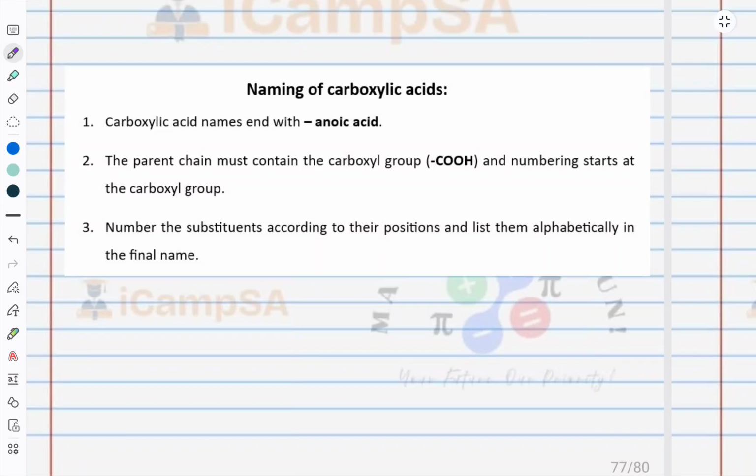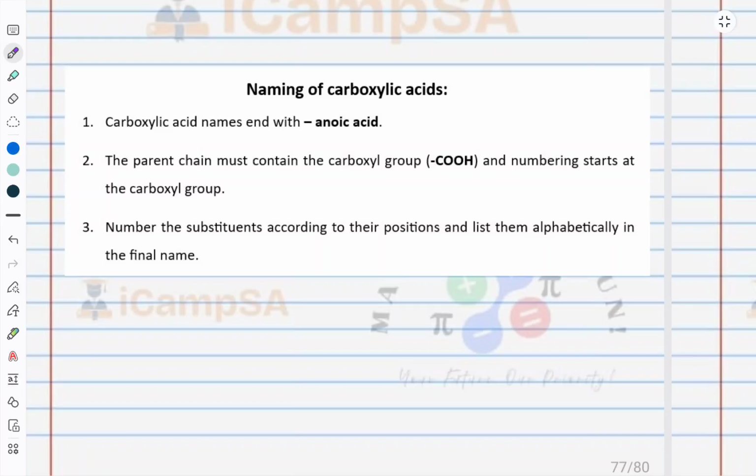So that's just to show that the rules don't really change that much. With enough practice, you won't really need to think that these rules are somehow isolated, right? First things first, I must find my longest continuous carbon chain, and then it must contain the functional group of that specific homologous series, in this case a carboxyl group because we're dealing with carboxylic acids. And then I must prioritize a triple or a double bond if it's present, and then I must prioritize a functional group if it's present as well, depending on the organic compound that I'm dealing with, right?